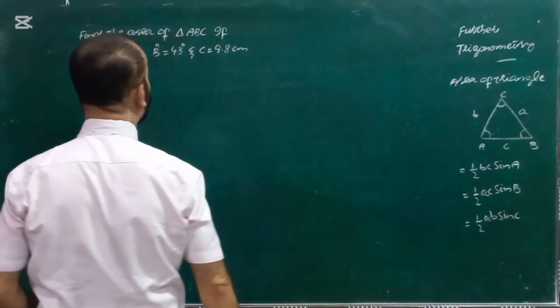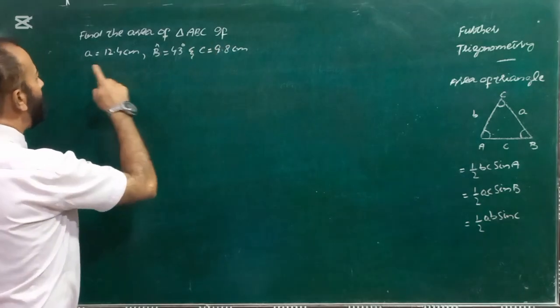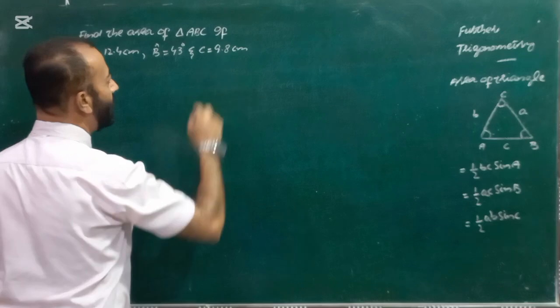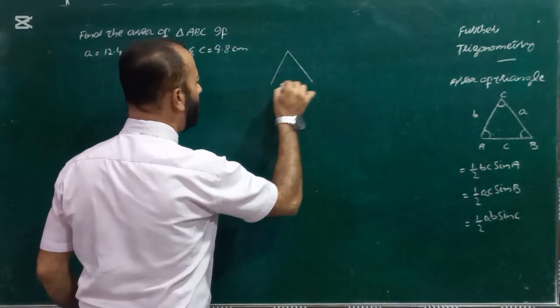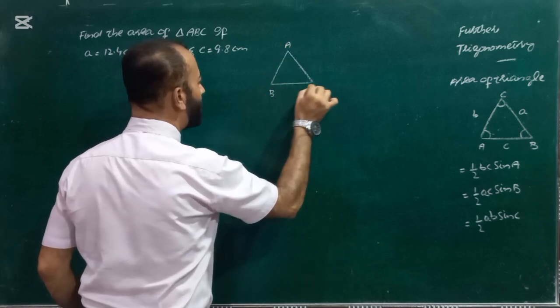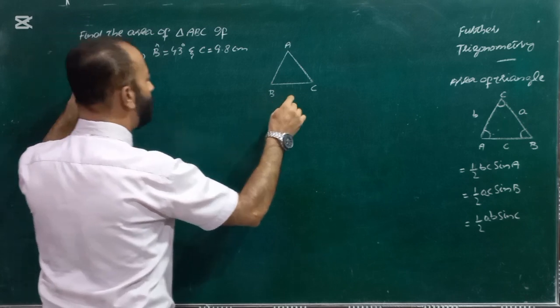So look now, here is the question that will make your concepts more clear. Find the area of the triangle ABC if a is 12.4 centimeter, angle B is 43 degree, and c is 9.8. So first we will make the triangle. So for example, here is A, B and C. The side opposite to A is given, that is 12.4.